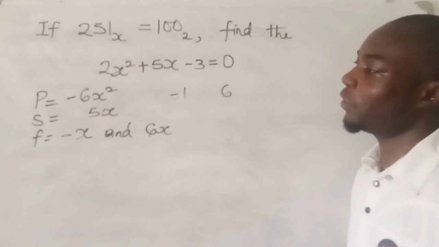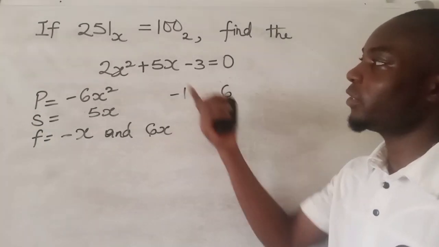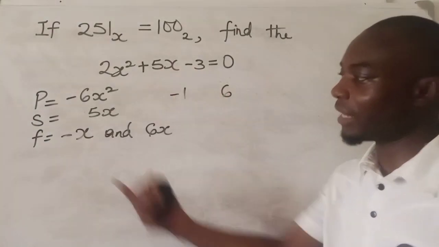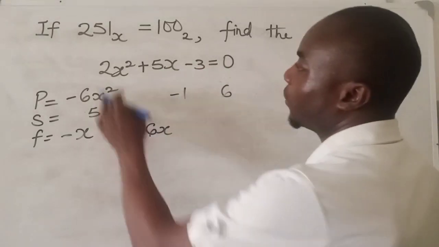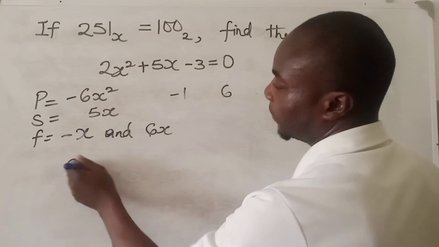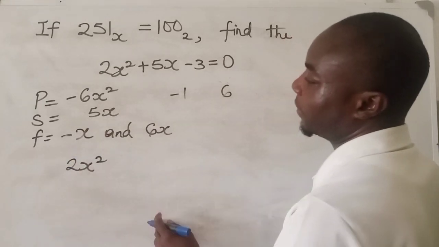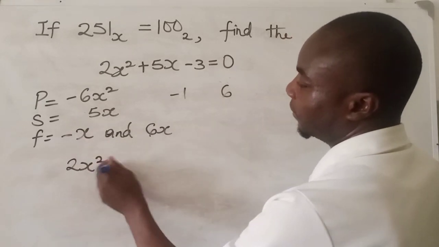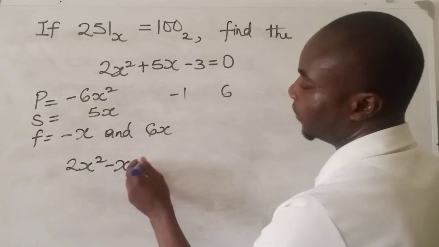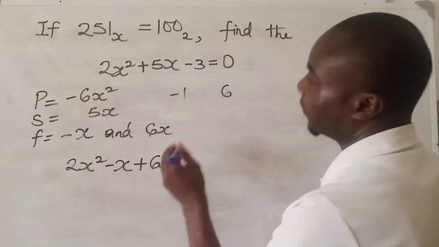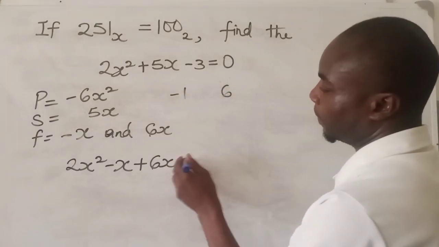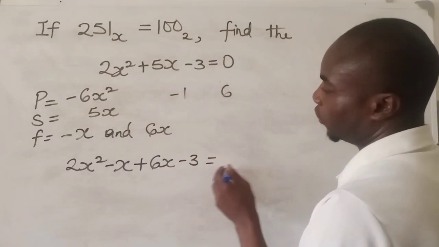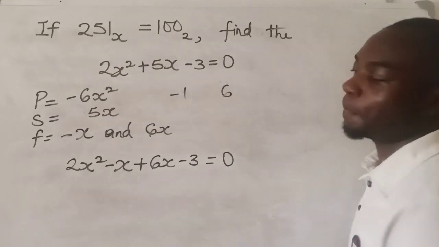The next thing we'll do is to put these factors into our quadratic equation. So we'll bring down our 2x squared, then minus x plus 6x, then we'll bring our constant, which is minus 3, and that's equal to 0.